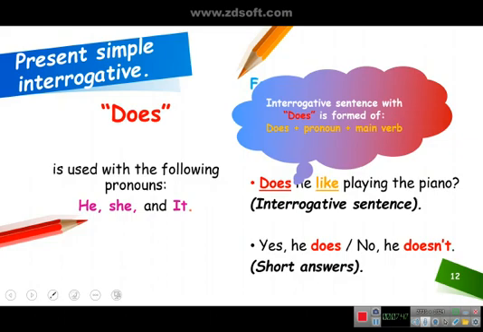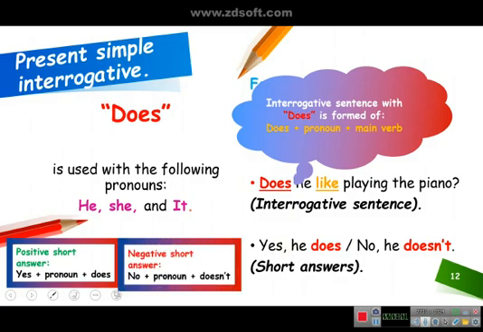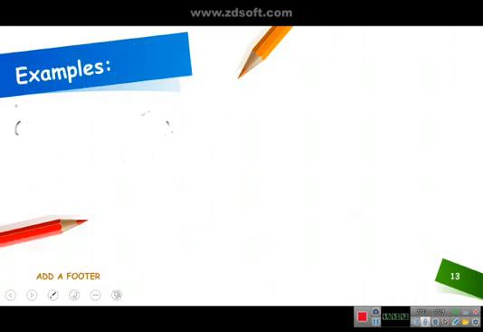Interrogative sentence with does is formed of does plus pronoun plus main verb. Positive short answer is formed of yes plus pronoun plus does. Yes, he does. Negative short answer is formed of no plus pronoun plus doesn't. No, he doesn't. Here are some examples with does.